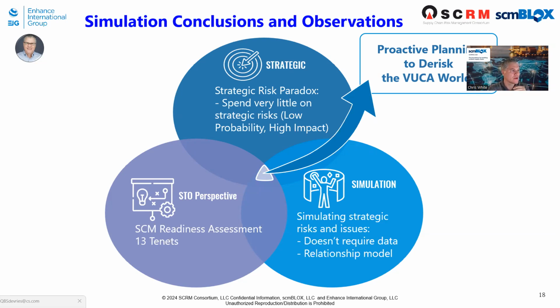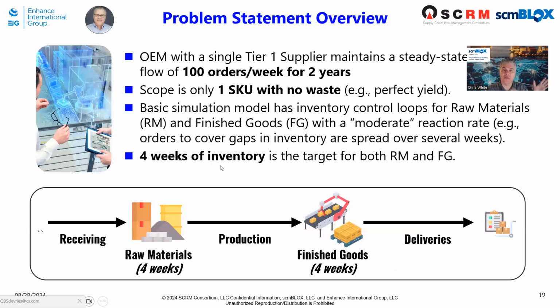So what I'm going to do is we'll talk about the model real fast. And again, if you've seen this before, same setup. So everything always builds off the same baseline case. Just real quickly, any entity in the model is built like this. If you look at the image below, it receives raw materials, stores raw materials with a target inventory of 4 weeks, then produces. You've got finished goods, again a target inventory of 4 weeks, and now deliveries.